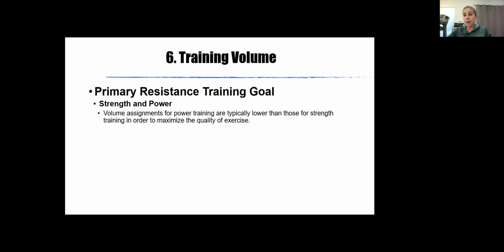So volume assignments for power are lower than for strength. Also, all the muscular coordination that goes into power movements takes a lot out of you. That's why Olympic lifters usually do not do a high amount of volume, because they will not be able to recover.